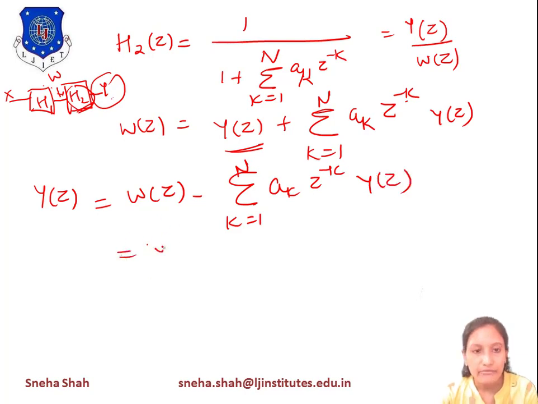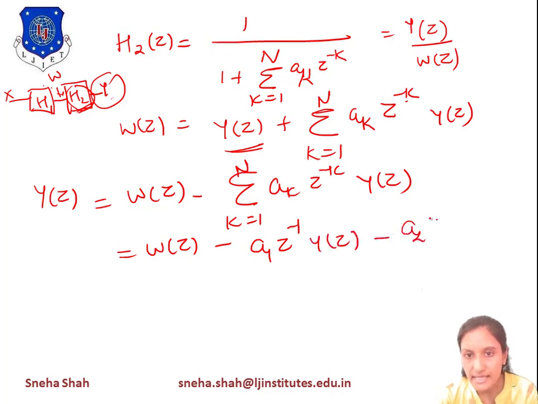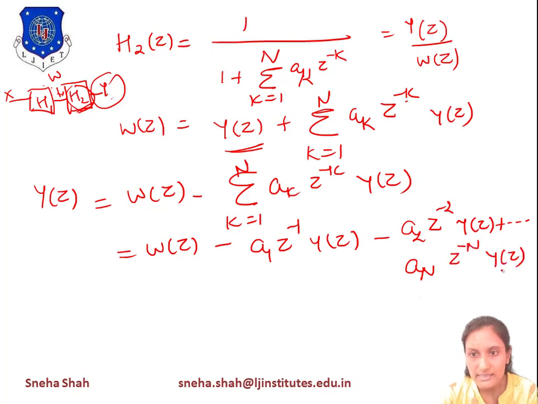Now if we put all the values of k, then this term becomes a1 z raised to minus 1 Y of z if we take k equals 1, minus a2 z raised to minus 2 Y of z, up to n. So the last term is an z raised to minus N Y of z.